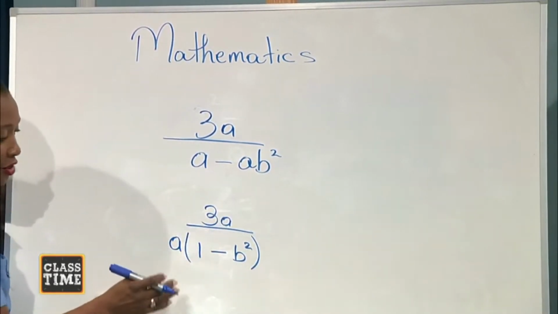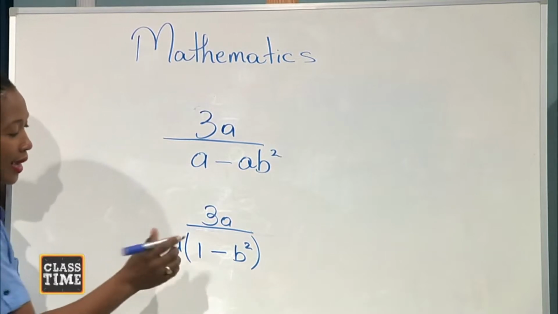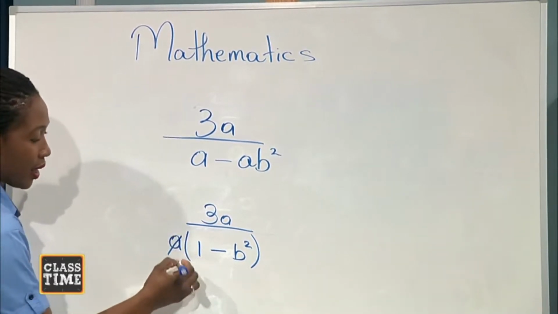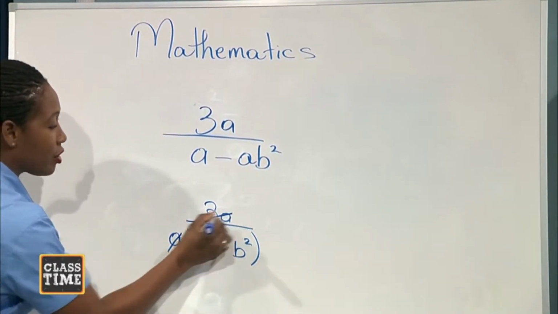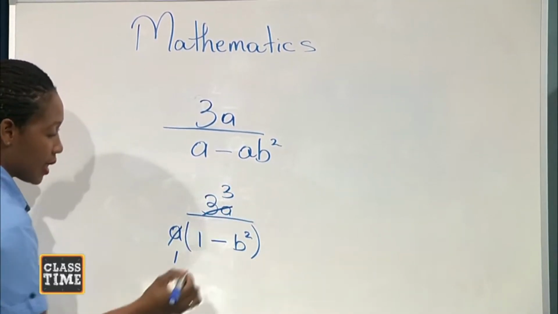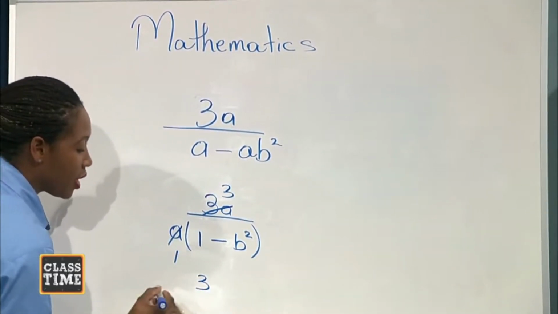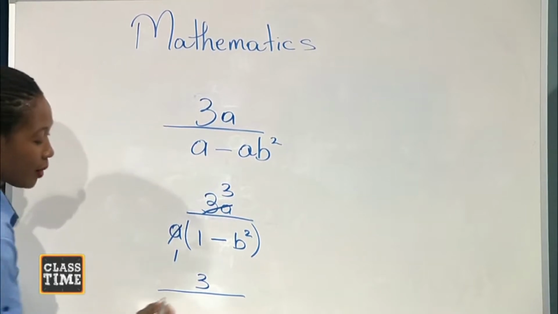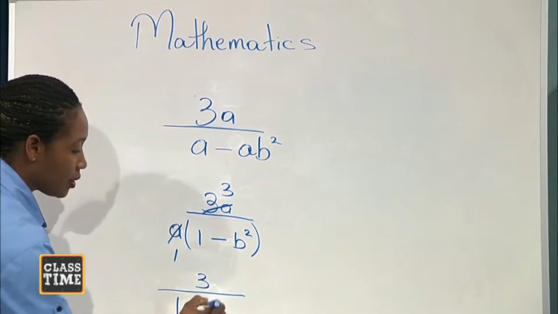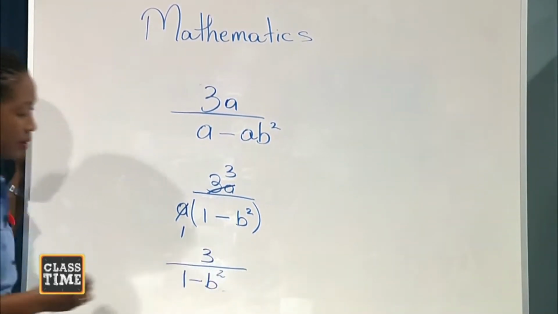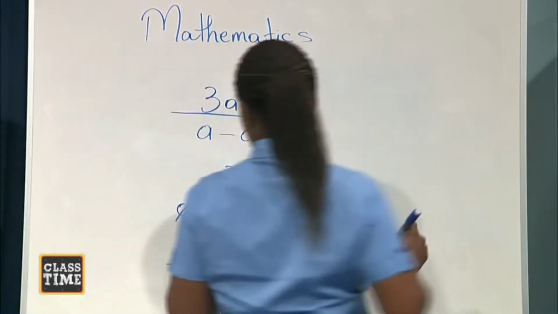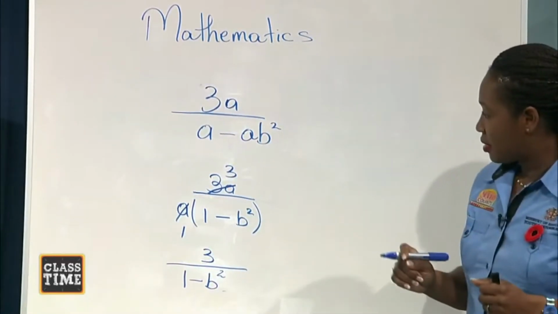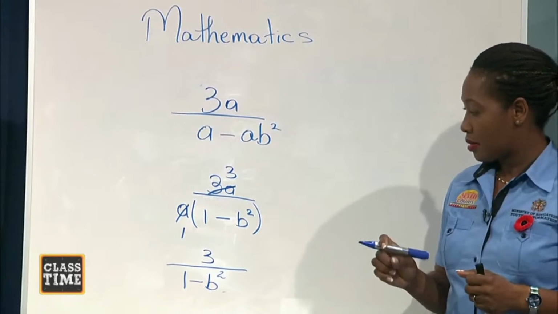We're going to factor out a from both the numerator and denominator. A into a is 1 time, a into 3a goes 3 times. So now we end up with 3 all divided by 1 subtract b squared. Good job, Tamika.